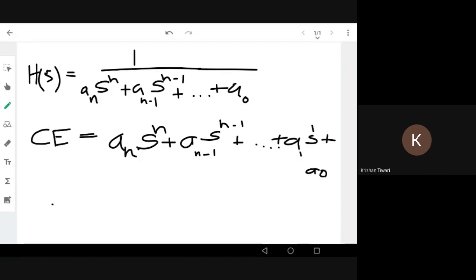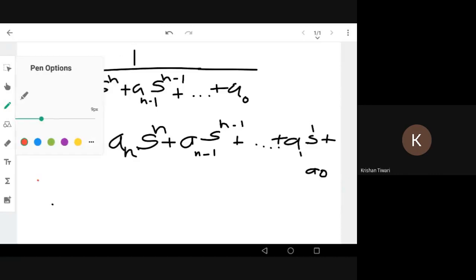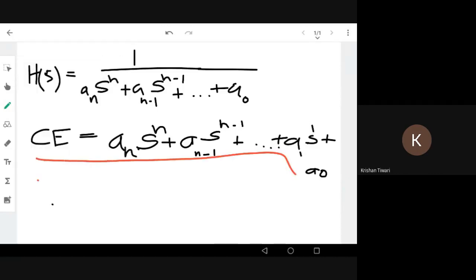This is the characteristic equation, right? So we are given a characteristic equation. Now you should use the Routh-Hurwitz criterion in order to determine whether this characteristic equation is stable, or if there are any roots on the right side of this plane, and if there are roots, how many roots there are.